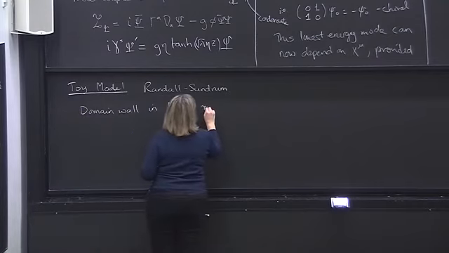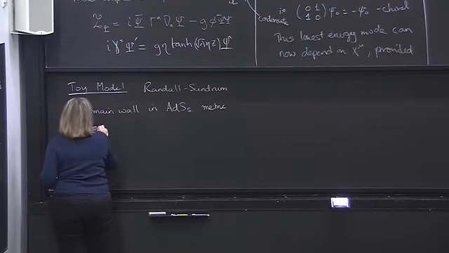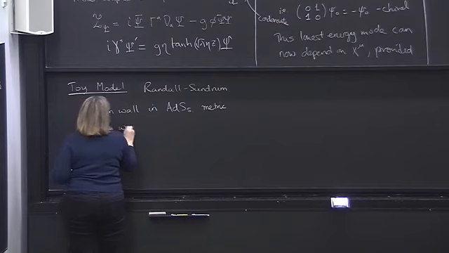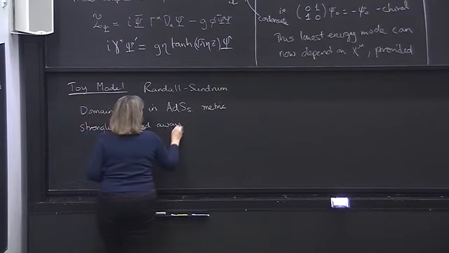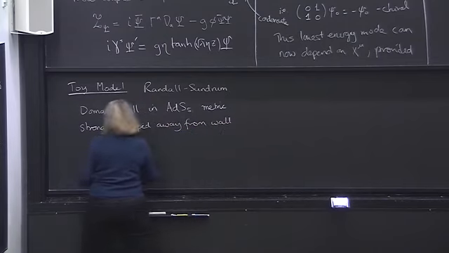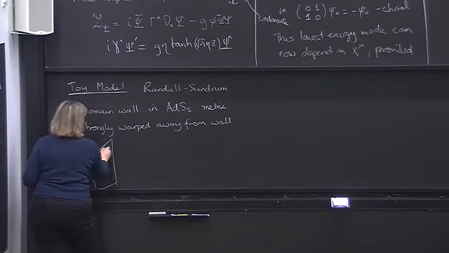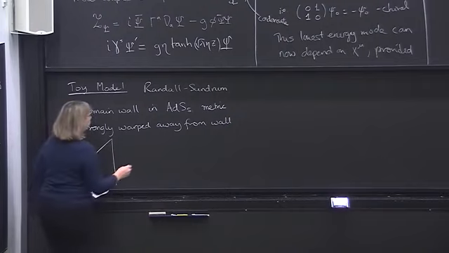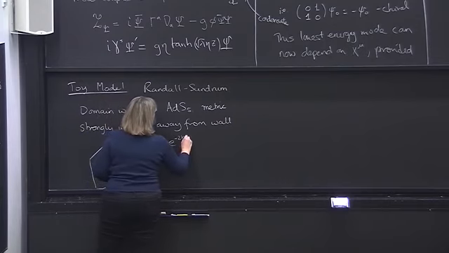And the metric is strongly warped away from the wall. So what we're going to try to describe is that there's a domain wall in our anti-de Sitter space.